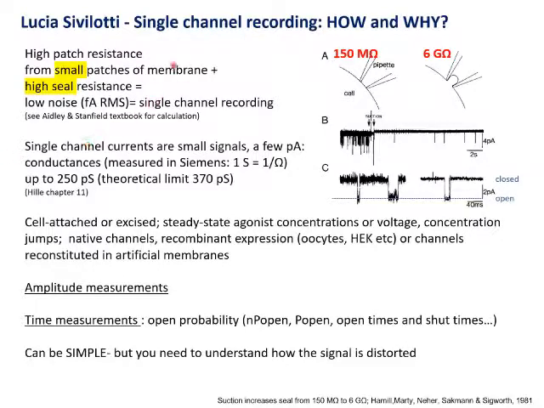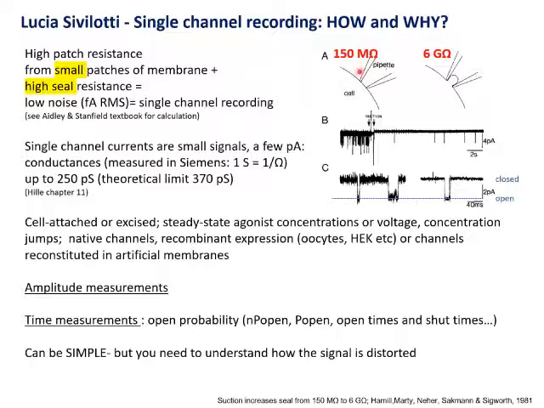In order to get a single channel recording, you have some conditions that have to apply. You have to have a high patch resistance. So that means having a small patch of membrane and a high seal resistance, so the pipette has to be well sealed to the membrane. You can see here you have 150 megohms.